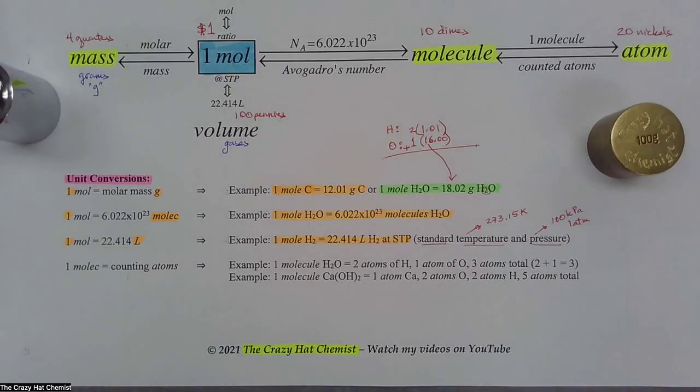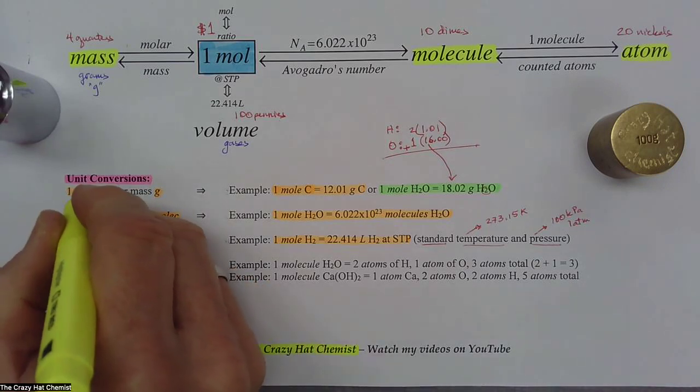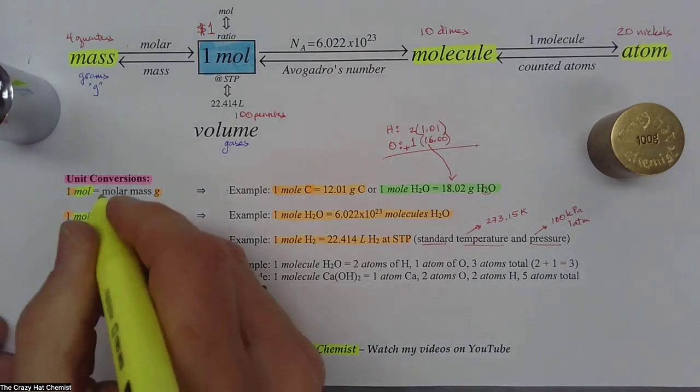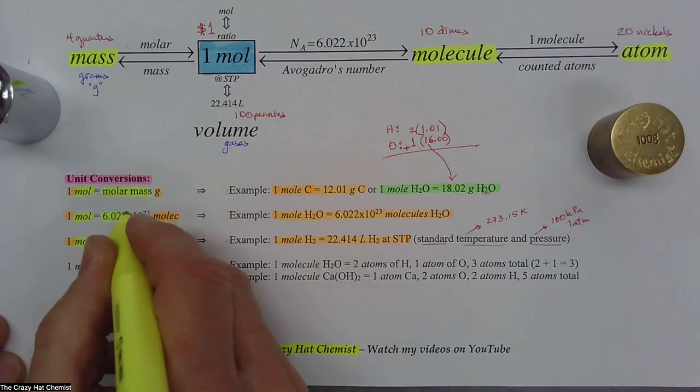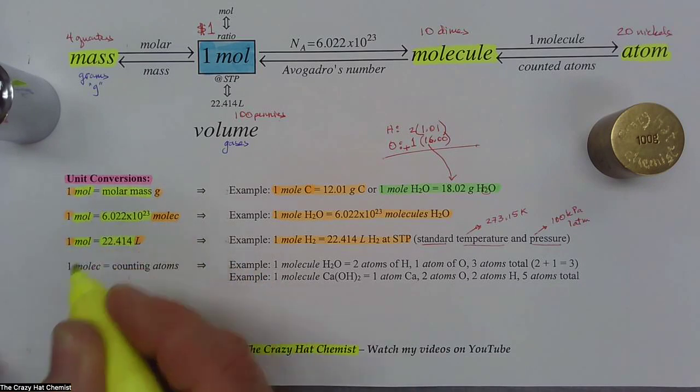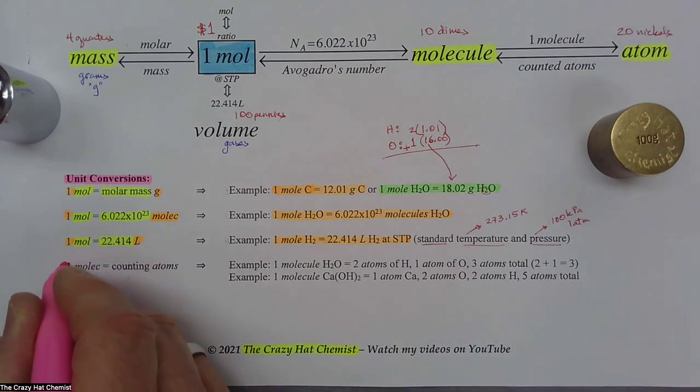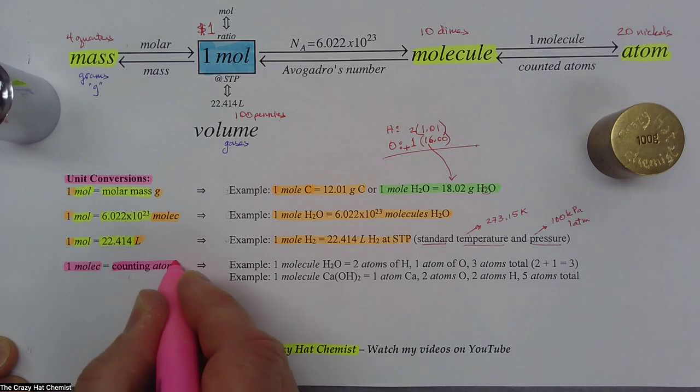I want you to notice that thus far on our unit conversions, I've had 1 mole of everything, and then that is equal to either the molar mass in grams, Avogadro's number of molecules, or 22.414 liters of a gas at STP conditions. Now we're going to change this up. We're going to say that 1 molecule is equal to a counting number of atoms.